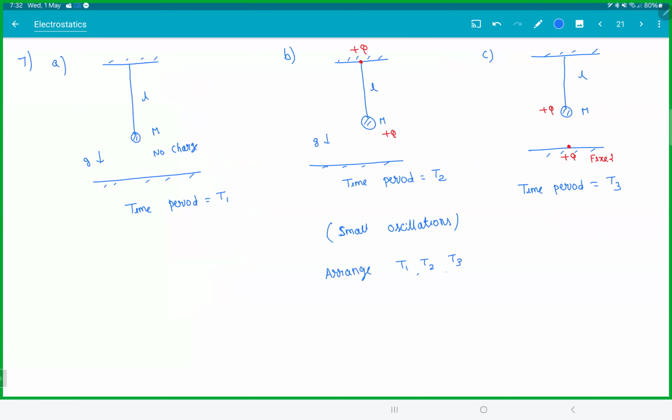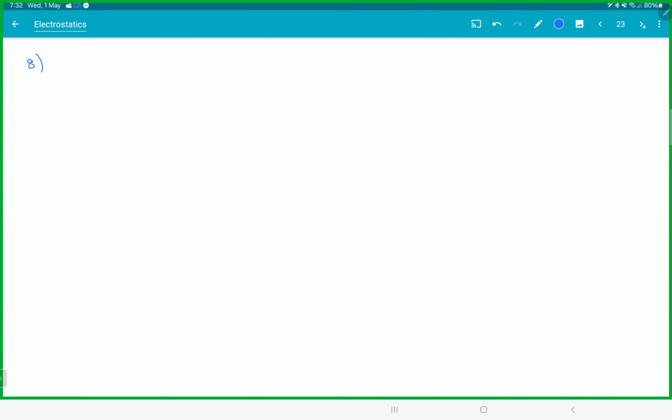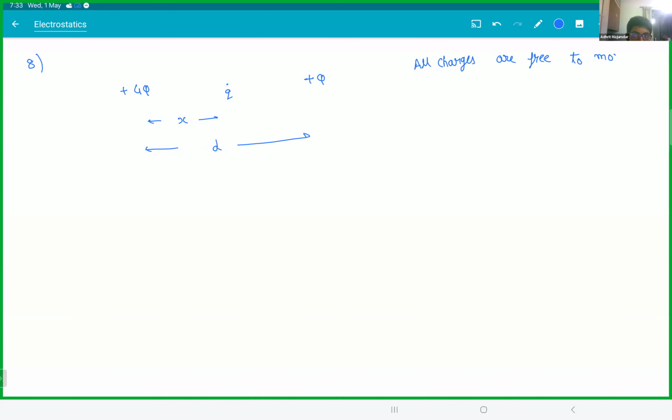Next one. This is a standard question. We have three charges, 4Q, Q, and plus Q. This distance is X. This total distance is D. All charges are free to move. This question you can't do in gravitation because gravitation always attracts. Can you show the previous page?